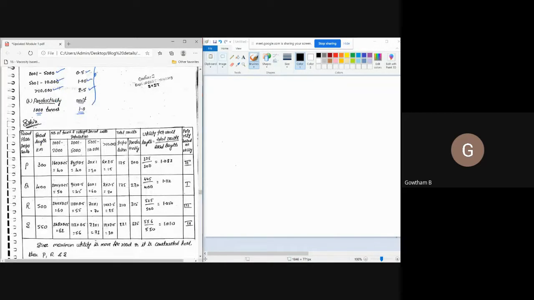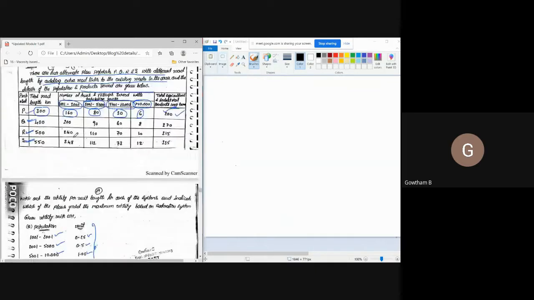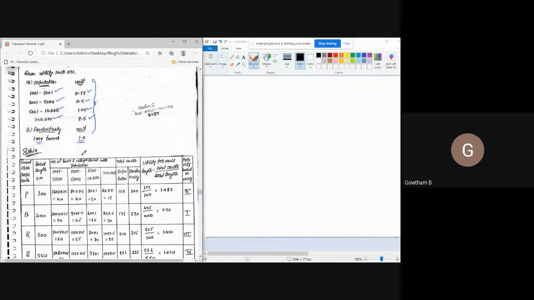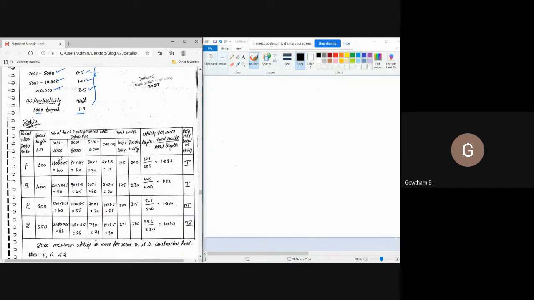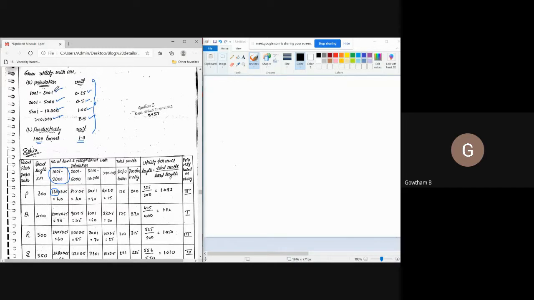Whatever number of towns and villages are given, we have to convert that to utility units. Now, come to the solution part. Here, a total of 160 towns are there with population range 1001 to 2000. For one town or village in this range, we consider utility unit as 0.25.